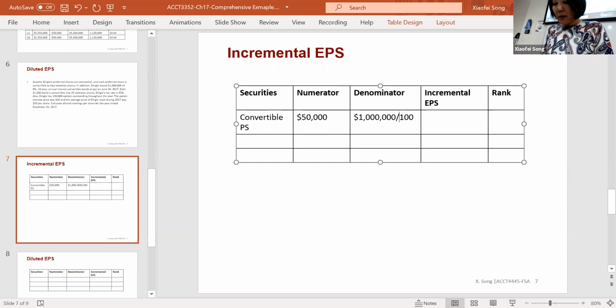So we have 10,000 shares, and each one is convertible to 2 common shares, so we multiply by 2. The incremental denominator would be 20,000, and the incremental earnings per share would be $2.50.